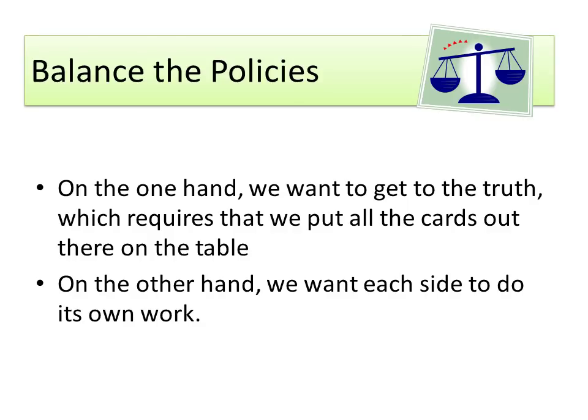But these policies basically underlie all the discovery rules. Okay, so let's talk about what methods you can use to discover information from the other side. There are 5 methods of discovery recognized by the federal rules, and here's what they are.